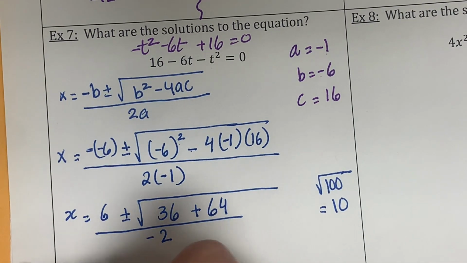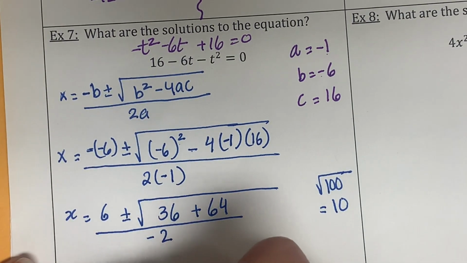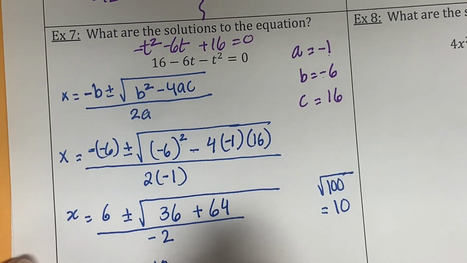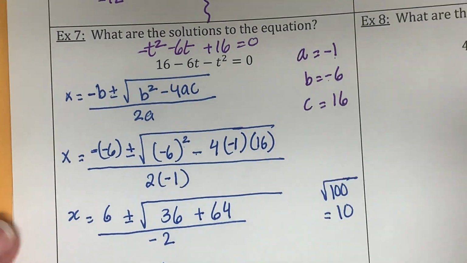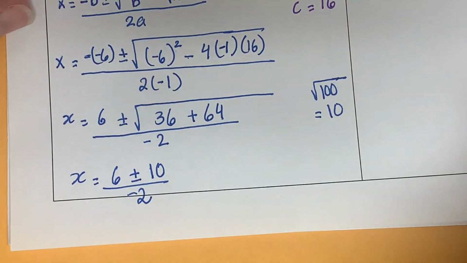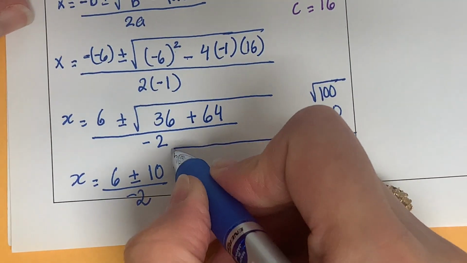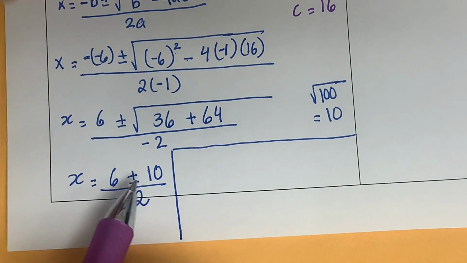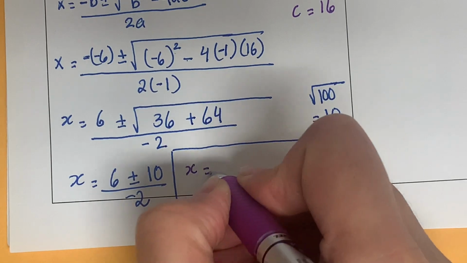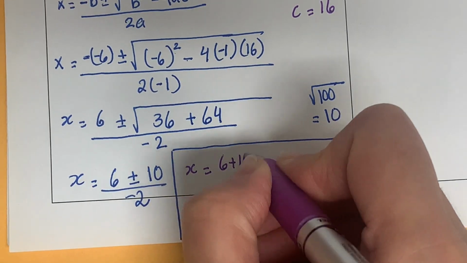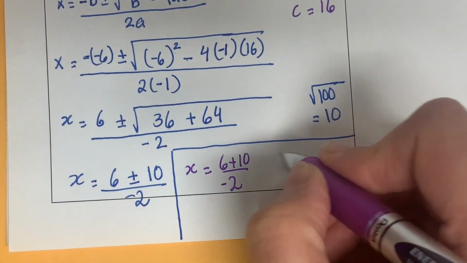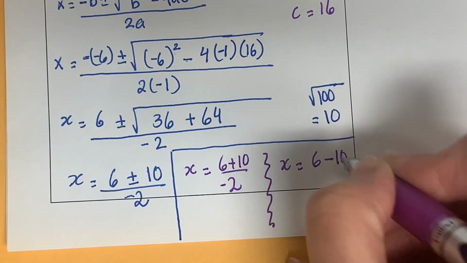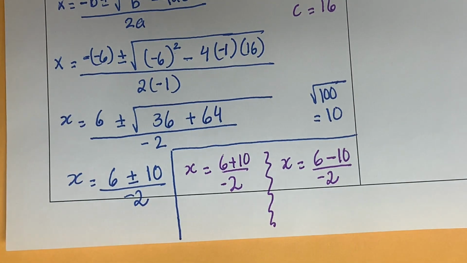So this one is actually easier. X is equal to 6 plus minus 10 over -2. And I'm going to use that space to solve it separately one by one. So x is equal to 6 plus 10 over negative 2 one time. And x is equal to 6 minus 10 over negative 2 one time.